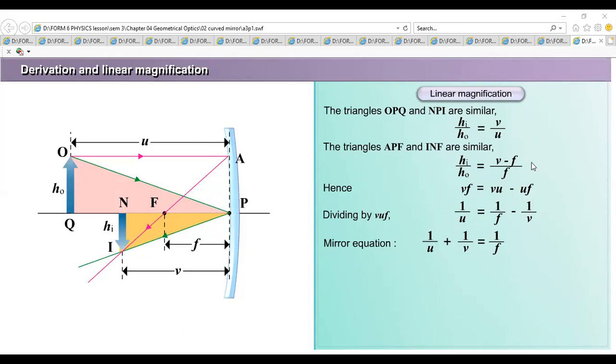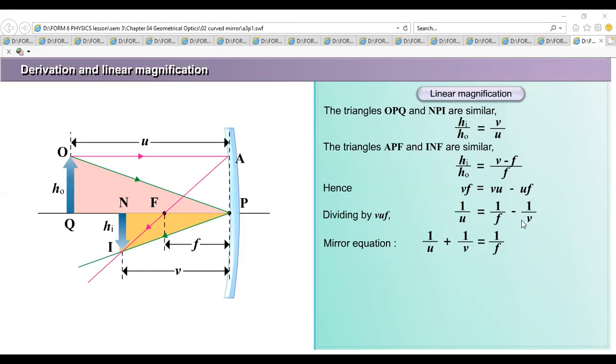So we notice that there will be height of the object, height of the image divided by height of the object, and we derive, okay, at the end we get the formula 1 over u plus 1 over v equal to 1 over f, where we call this the formula for the mirror, and also the formula used for the lens. 1 over u plus 1 over v equal to 1 over f.